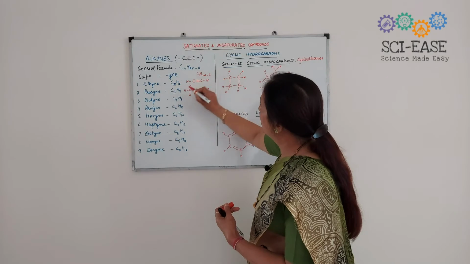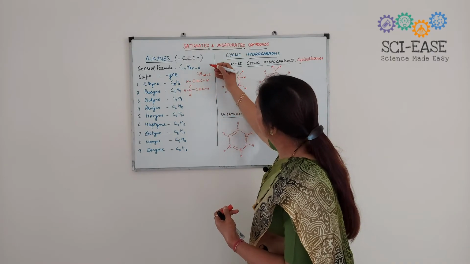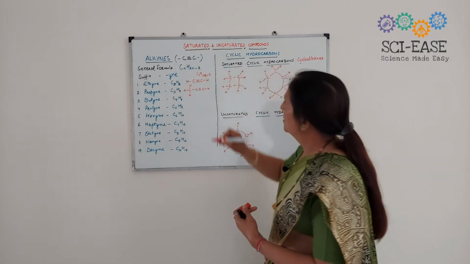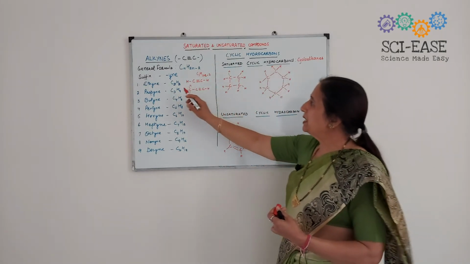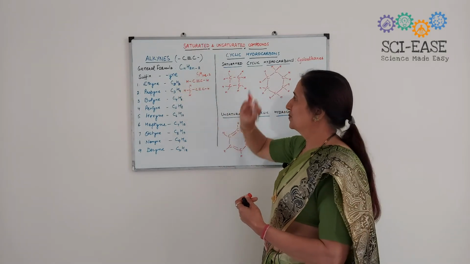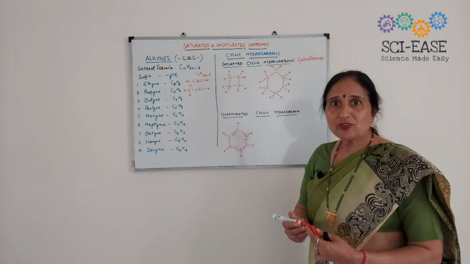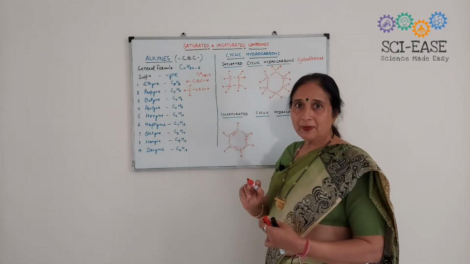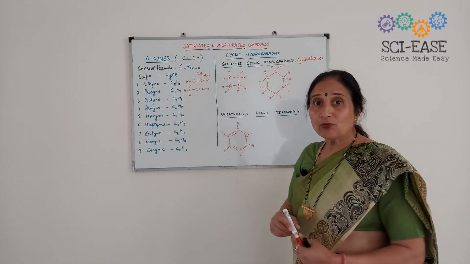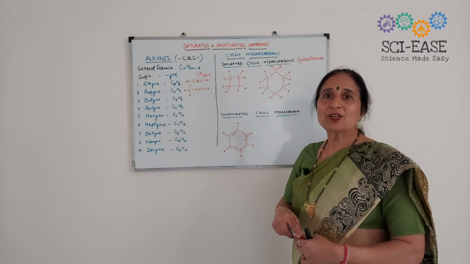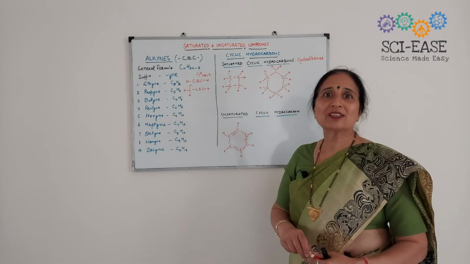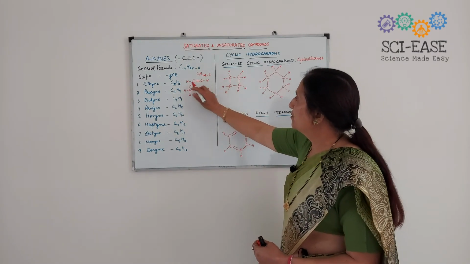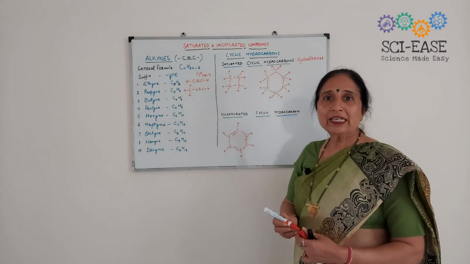Okay, 2 multiplied by 2, minus 2. So it will be C2H2. What is the structural formula? Between 2 carbons, a triple bond is there. And in order to fulfill the tetravalency of carbon, only 1 hydrogen is required. So we will put only 1 hydrogen around each carbon.